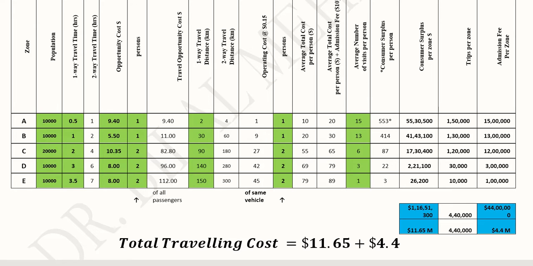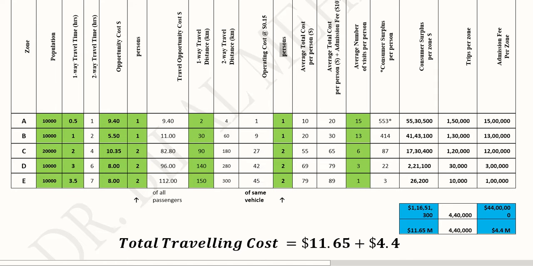So if we multiply these, we will get the total operating cost for two-way travel with this distance, that is 4. So 300 into 0.15 will give us 45. So all these values basically are showing the various operating costs, and this is for the same vehicle.